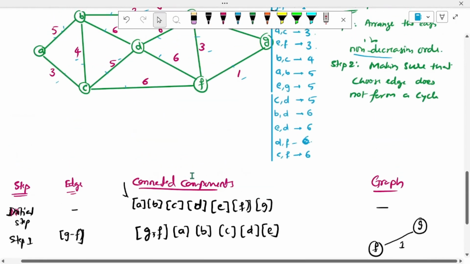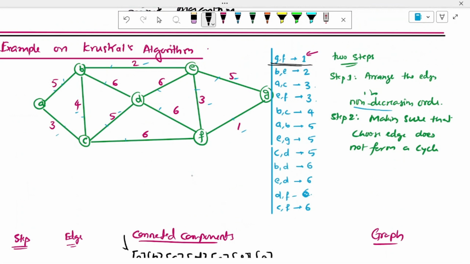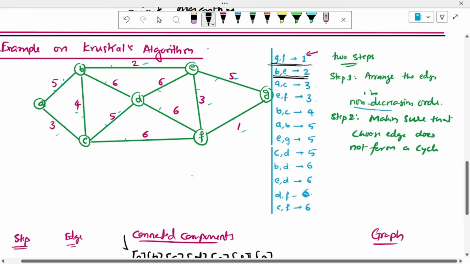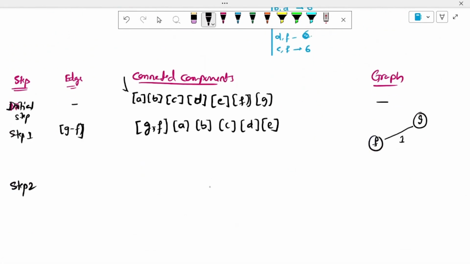Whenever you are considering, in every step you will be considering an edge. Now you can take this particular part, BE. BE is 2. So I'll be taking BE.